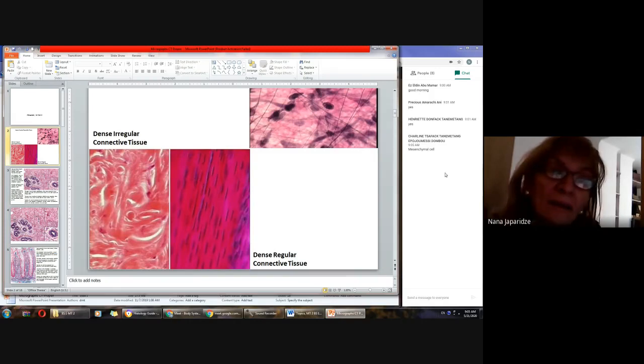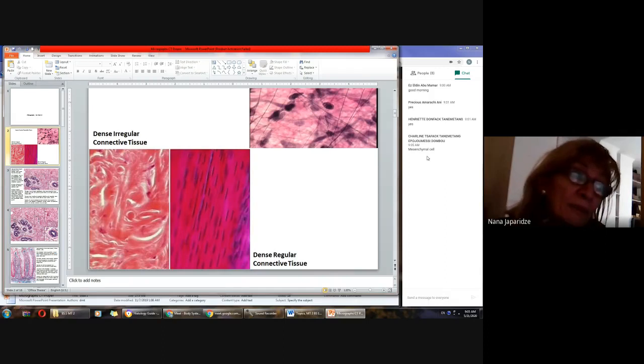Okay, one idea is that they are mesenchymal cells. Maybe another idea: what type of cells are the principal cells which generate collagen? Yes, exactly, fibroblasts.